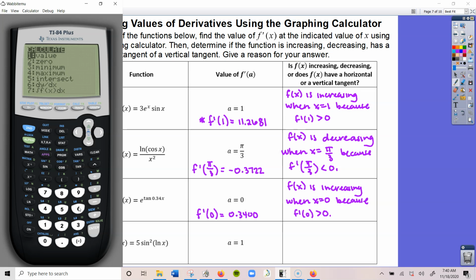So I'm going to my second calc menu, selecting option 6, x is equal to 1, and I get this weird looking number. As you can see, it says dy dx is negative 5e raised to the negative 6. What this means is that this is scientific notation basically, and this is that the decimal point is moved over to the left by 6 units.